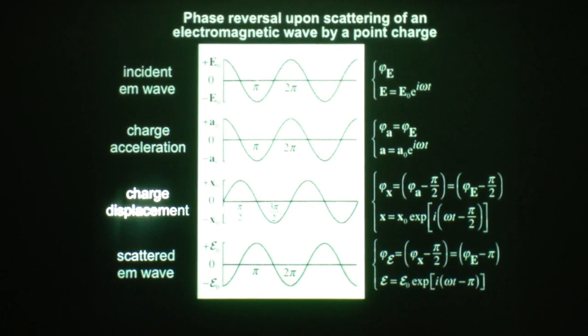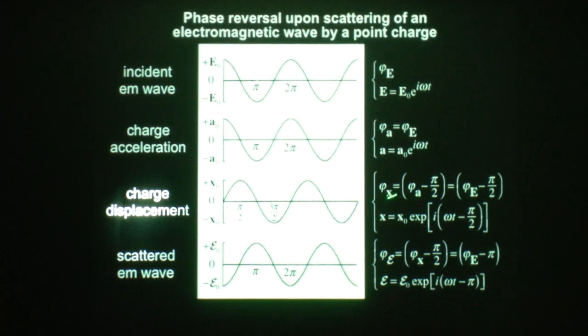Well, at the top here, the motion has stopped because it was coming up, and it still has to go down. So at the maximum, it's 0. So the charge displacement, the motion of that electron being tickled by the incident wave, is pi over 2, 90 degrees behind the phase of the acceleration or the incoming wave.